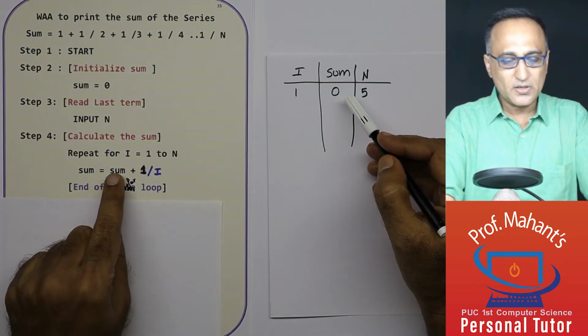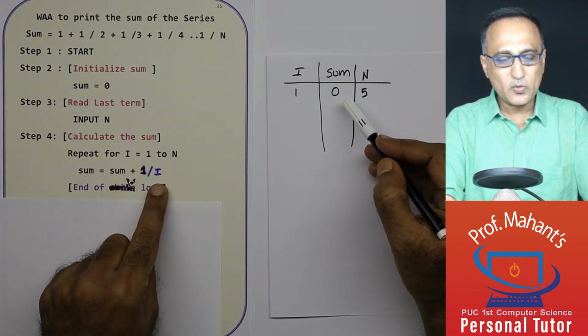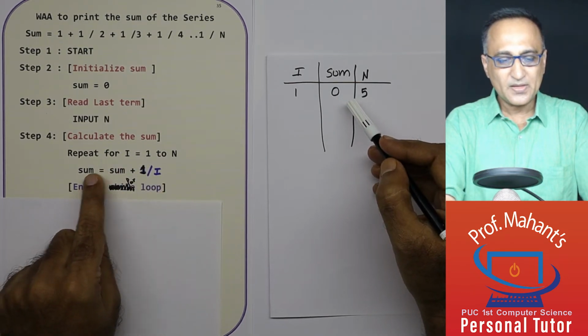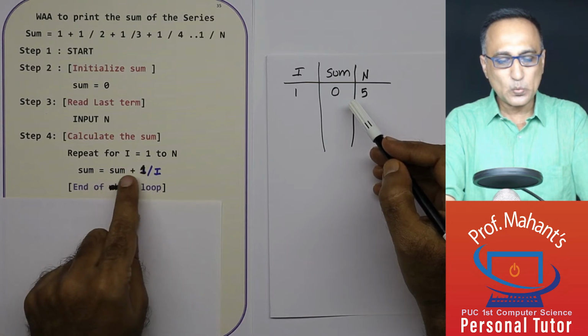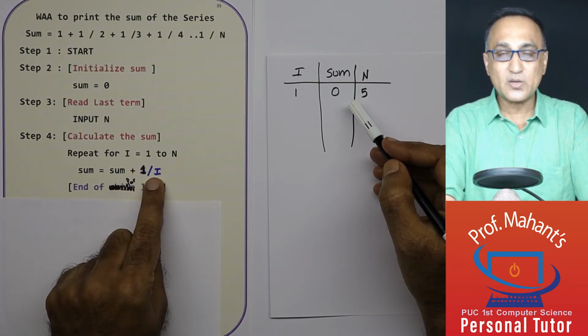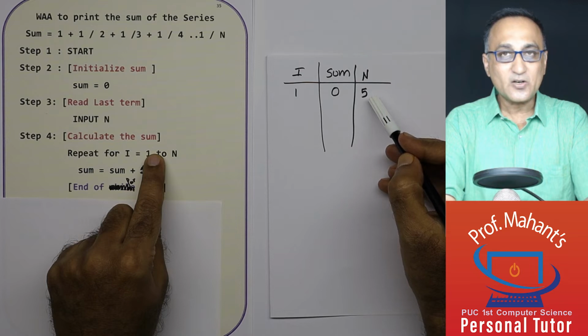Sum is 0. 0 plus 1 upon I, where I is initially 1, gives 1 upon 1, so sum is 1. I becomes 2, then sum is 1 plus 1 upon 2, which is 1.5. Then I becomes 3, which has still not crossed 5.